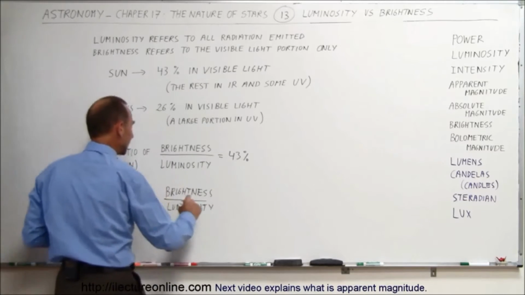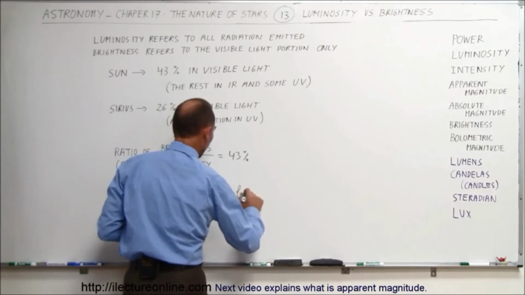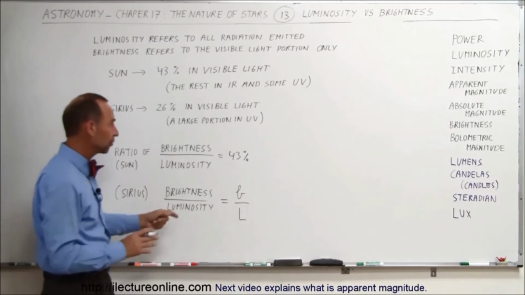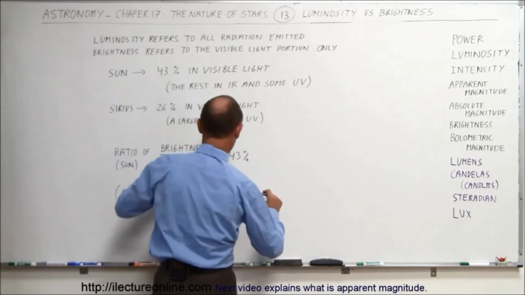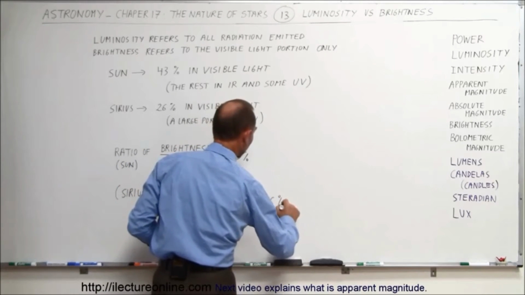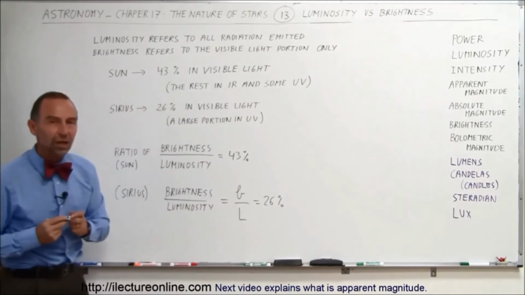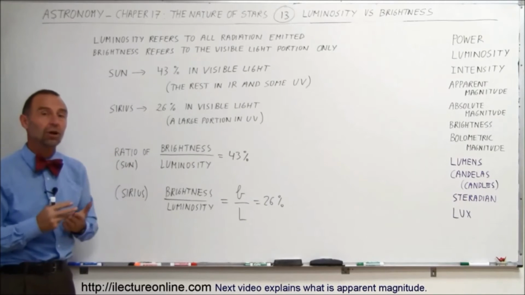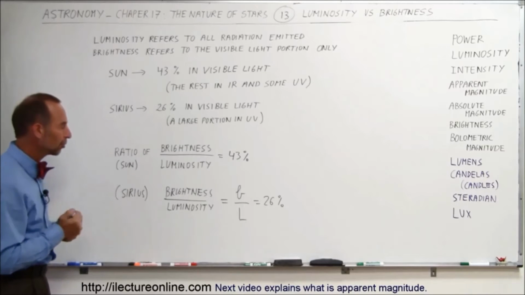The letters that we use to indicate that would simply be small b for brightness and capital L for luminosity. So that ratio for Sirius is only 26%. And so when we talk about brightness, we talk about the portion of the electromagnetic radiation that's being emitted from the star that's in the visible portion only.